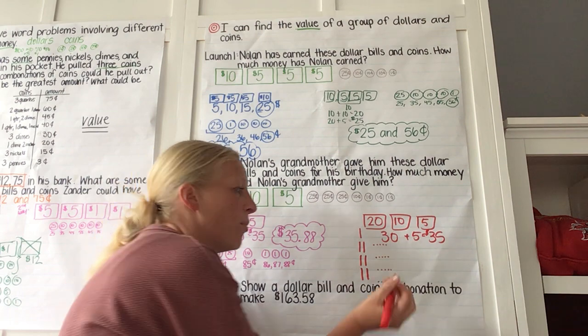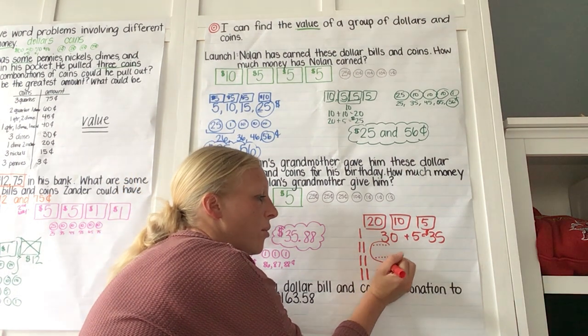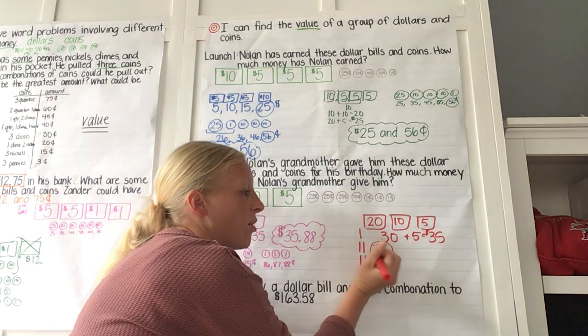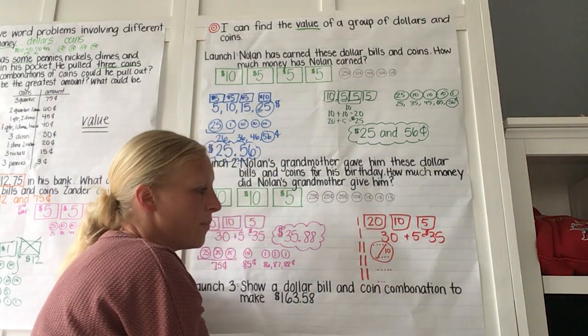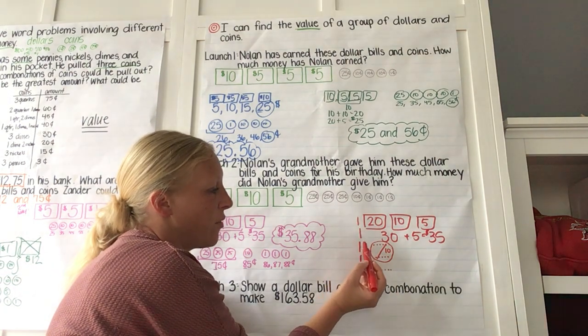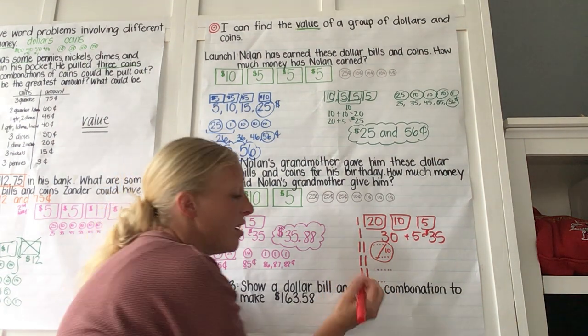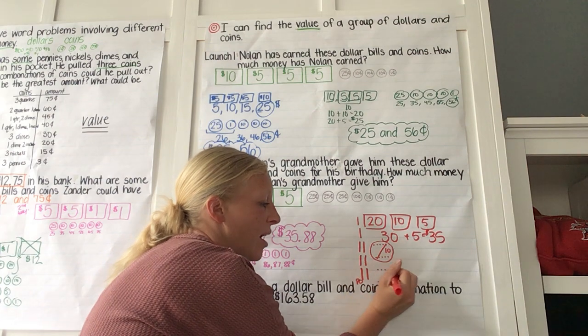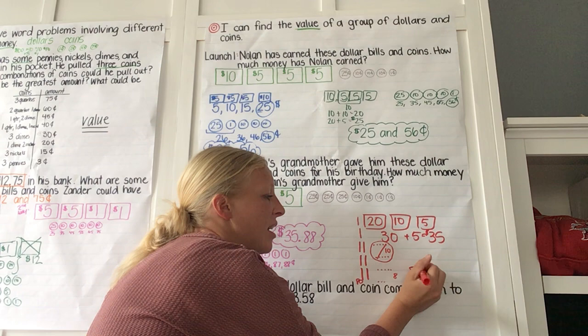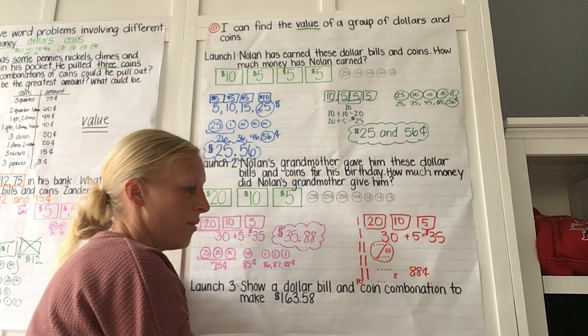Just boom, boom, boom. All right, so, okay, so you took that 10, you crossed it off, and you added it up here. Okay, and then you said 10, 20, 30, 40, 50, 60, 70, 80. And then you had 8 cents over here, which made 88 cents total.